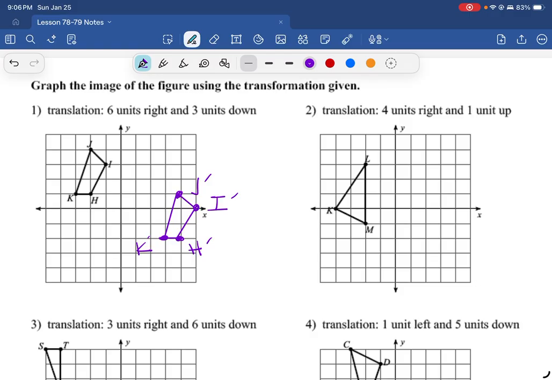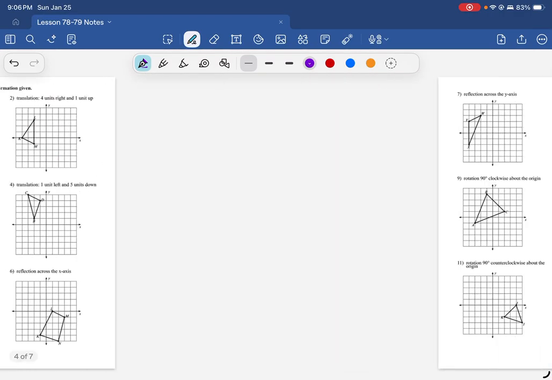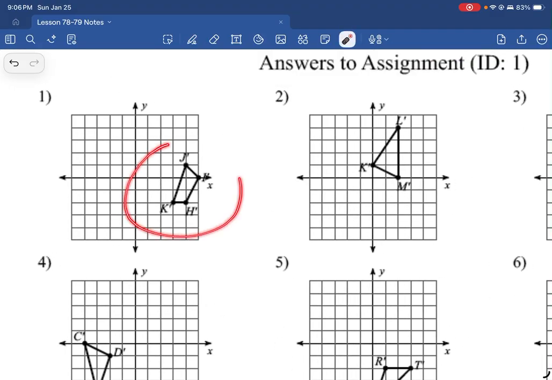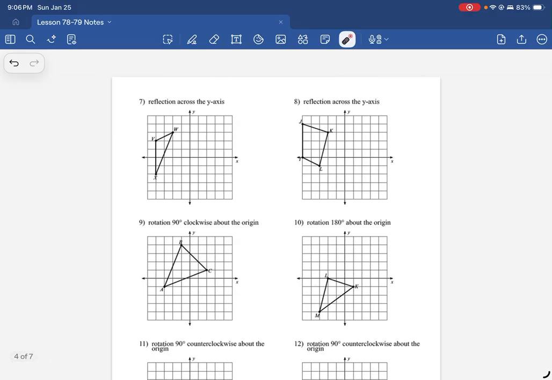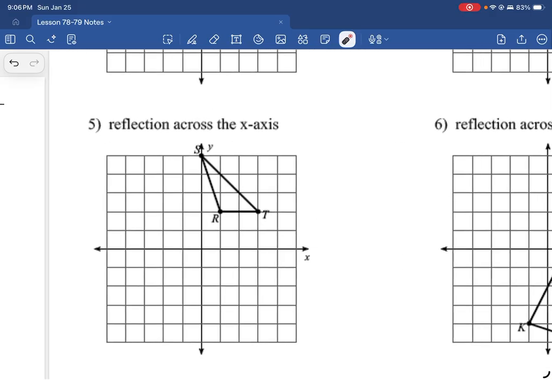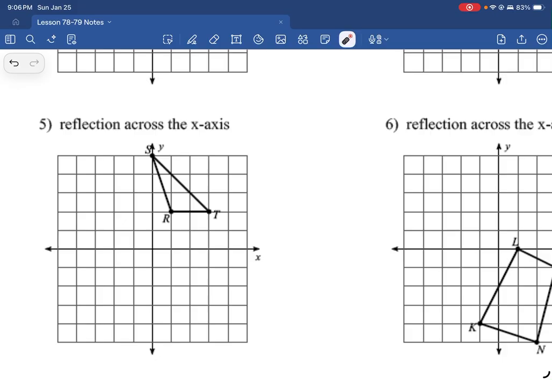Rotation 90 degrees clockwise about the origin. You'll go back to your notes and find that one, in which case it's right here, y comma negative x. So let me write that down, y comma negative x.